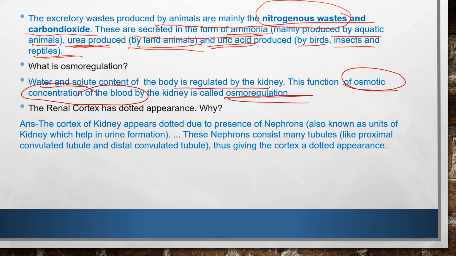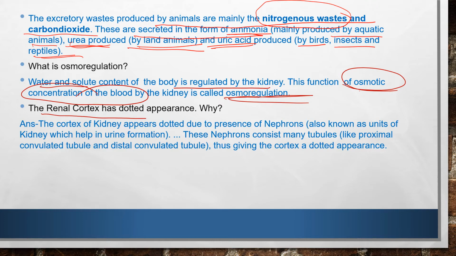The renal cortex has a dotted appearance. Why? We all know that when we view the renal cortex, it has a dotted appearance. The cortex of the kidney appears dotted due to the presence of nephrons.